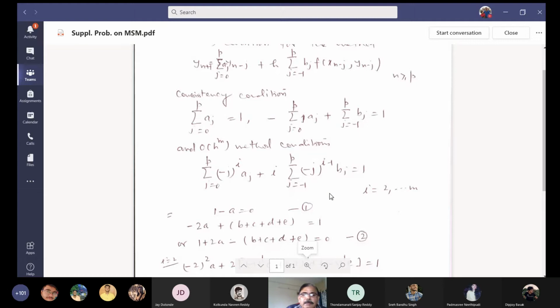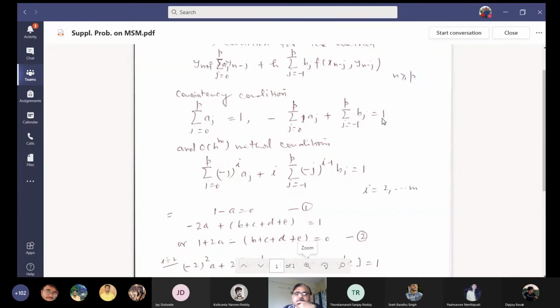Then what is the next equation? Minus sum of j into a_j, j running from 0 to p, plus sum of b_j, j running from -1 to p, equal to 1.